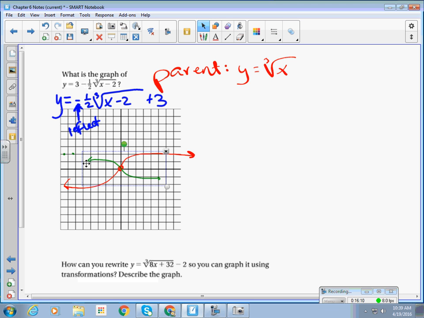And then I'm going to shift it 2 units to the right and 3 units up.